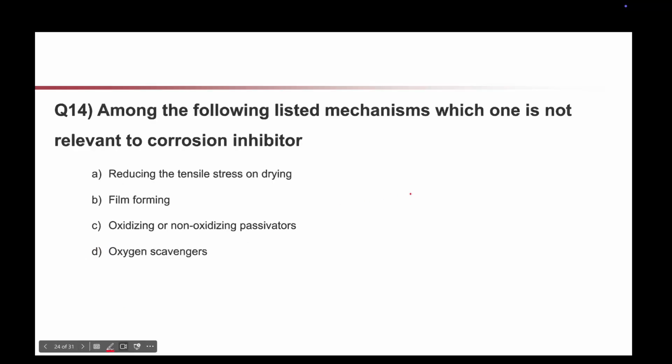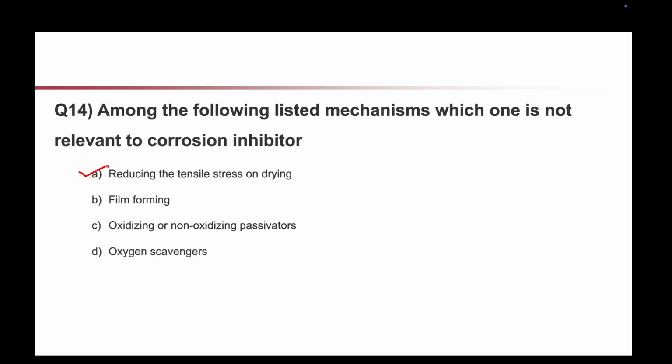Among the following listed mechanisms, which one is not relevant to corrosion inhibitors? Reducing the tensile stress on drying, film forming, oxidizing passivators, oxygen scavengers. A. Correct.